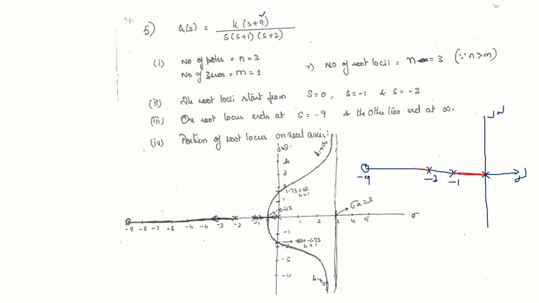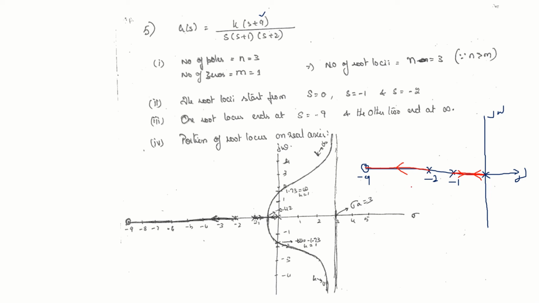Applying the principle I explained, there is root locus here. The arrow should be like this. This arrow will go like this. Root locus starts from pole, ends at 0. Of course, here k equal to infinity. There are 3 poles, 1 zero. 2 asymptotes you get.